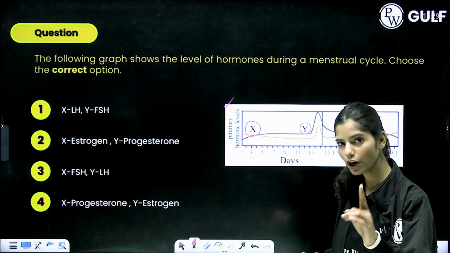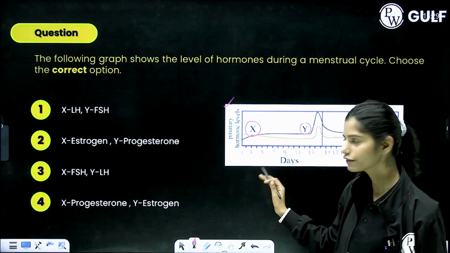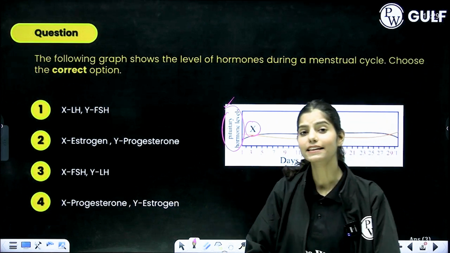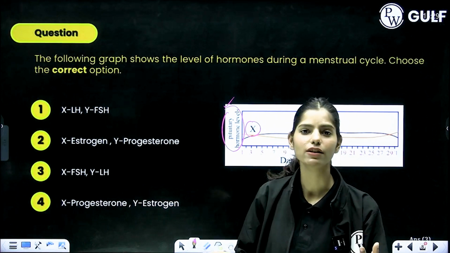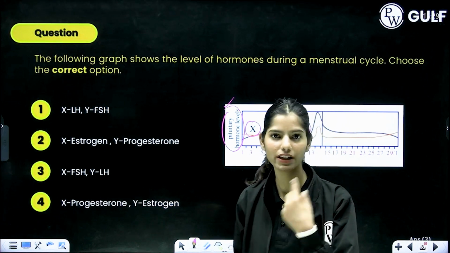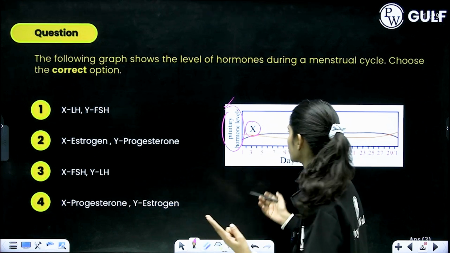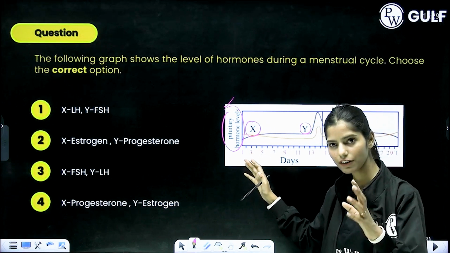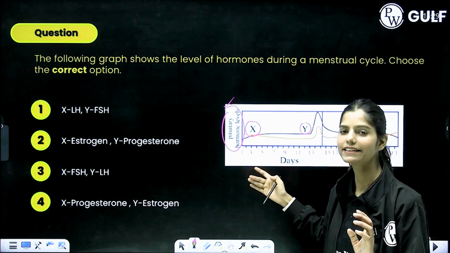We all know these are the gonadotrophins, the pituitary hormones released by the pituitary gland, and they include the follicle stimulating hormone and the luteinizing hormone. Follicle stimulating hormone is at an elevated level earlier, and then it gradually increases.